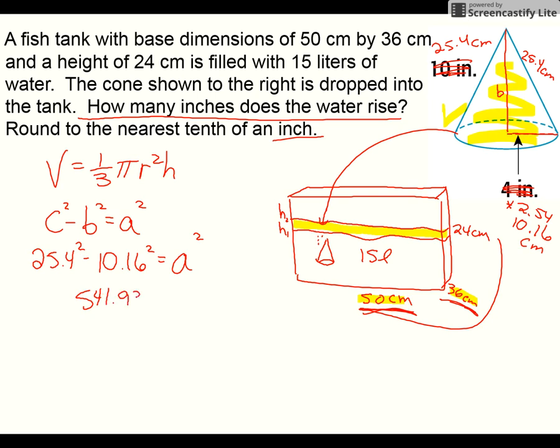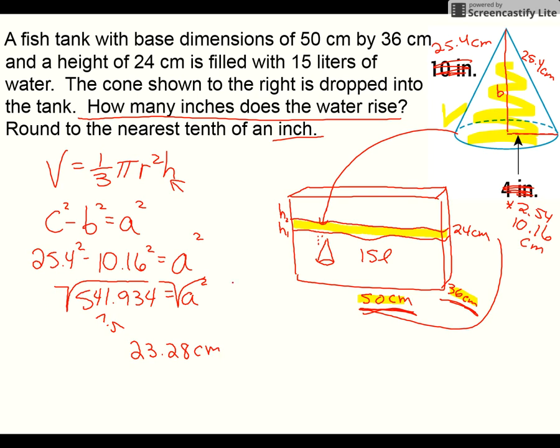You can leave it in the calculator. Take the square root of both sides. Remember our shortcut there, caret 0.5. And that'll give you the square root, which is 23.28. So now I've got a height I can use up here for my volume. And that's also centimeters.